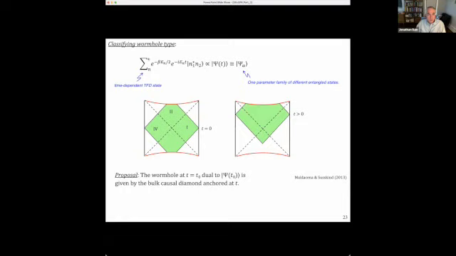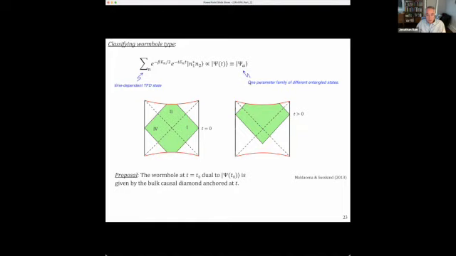Recall, this appeared in Maldacena's example of a duality between extended AdS Schwarzschild spacetime and a thermal field double CFT state. Here's the time-dependent version of the thermal field double state. It has this time-dependent term.